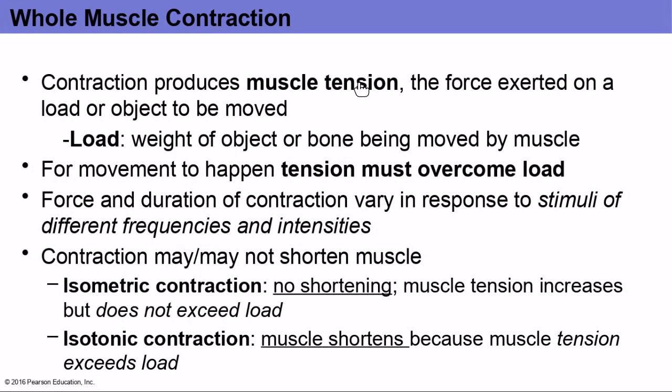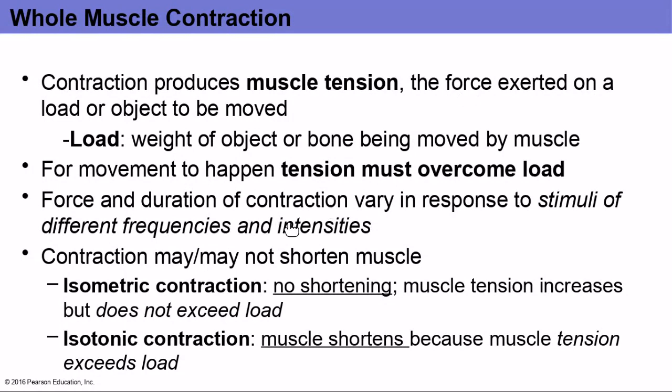Okay. Now, in order for something to be moved, tension has to exceed or overcome the load. And that makes sense. And in order to move a certain weight, there must be enough force generated and exerted on that weight in order to move the weight. Okay, so the philosophy here is tension must overcome load.